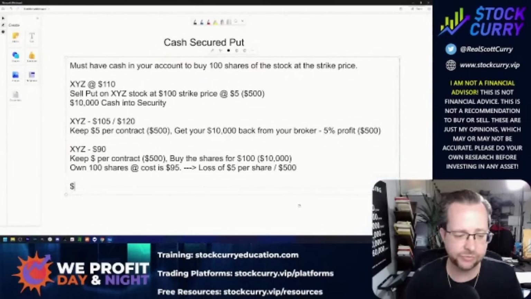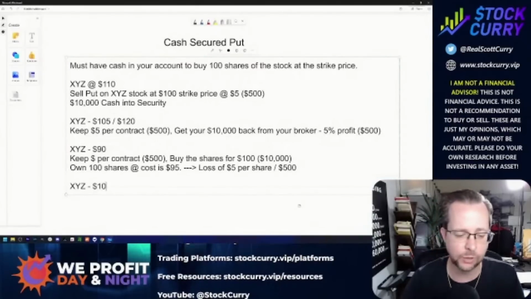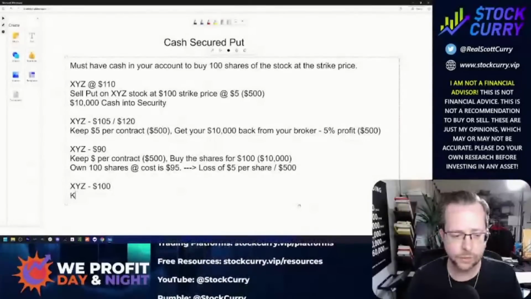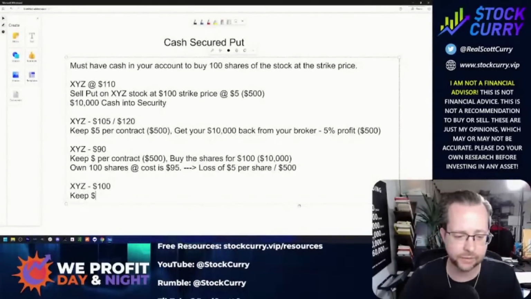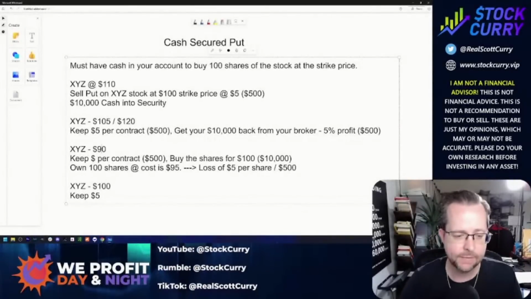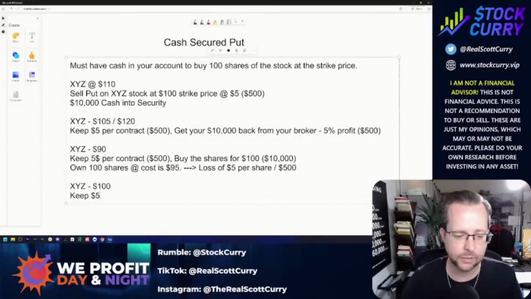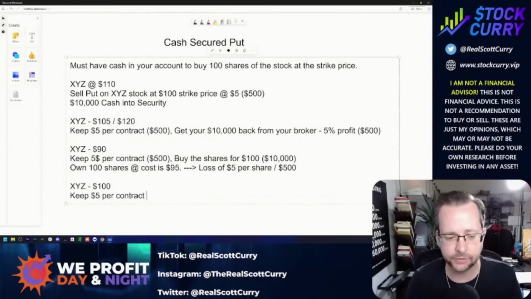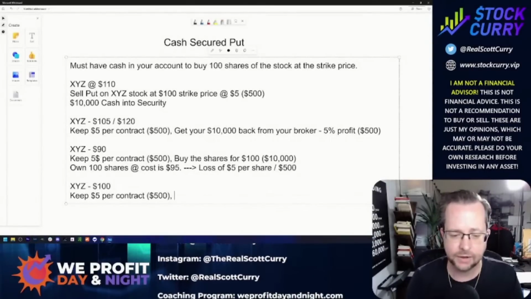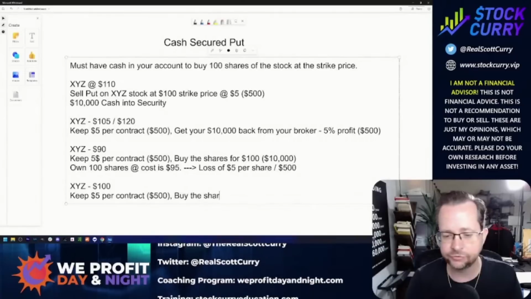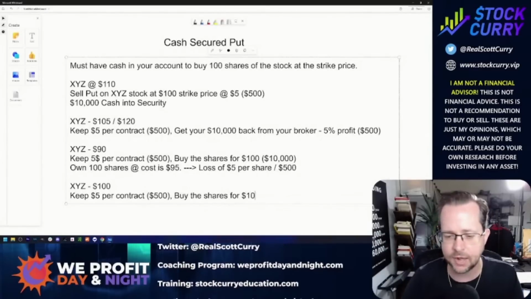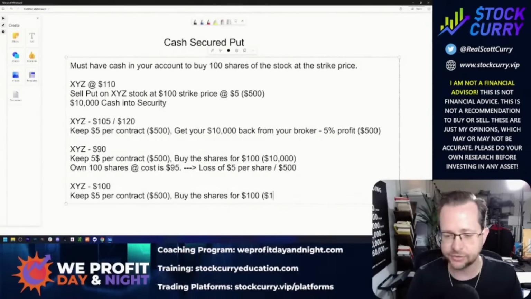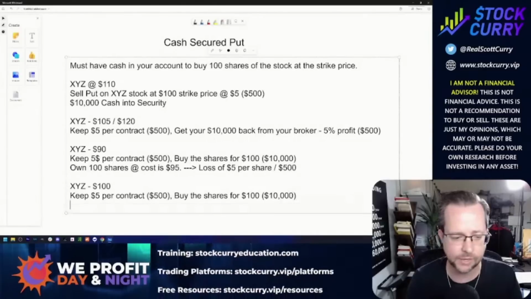Now, what happens if XYZ goes down to $100? Well, you still get to keep the $5 per contract, which is $500. You now have to buy the shares for $100, which is the $10,000 that you gave your broker to hold on to.